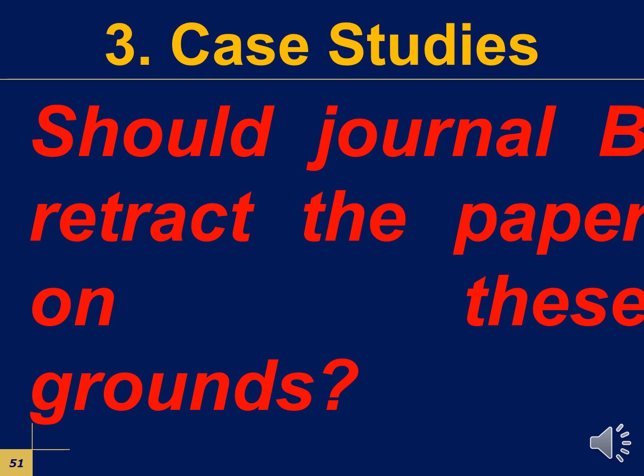Here in this case, could the authors have used the data issues as an excuse to withdraw the papers from Journal A so that they could publish in Journal B for speed of publication, or higher impact factor, or anything else?